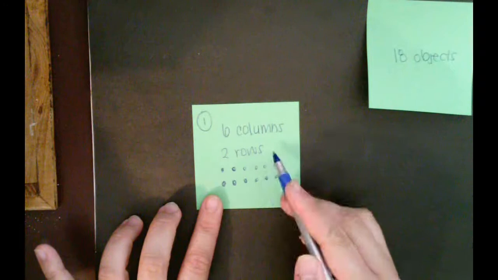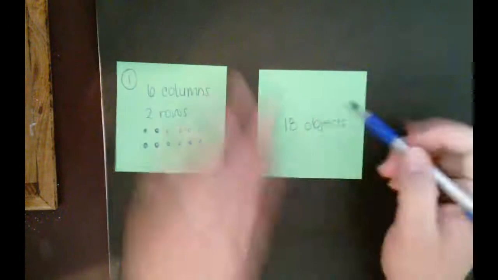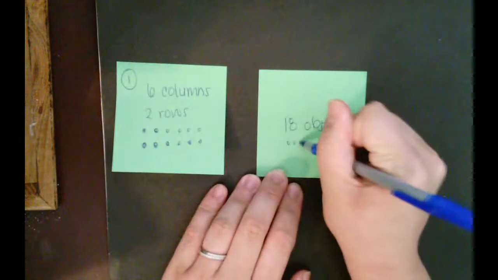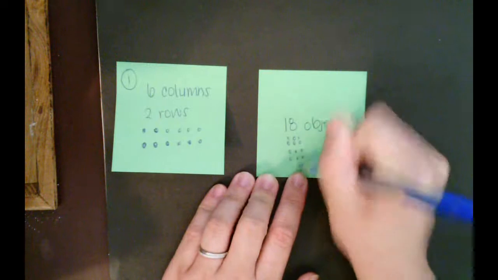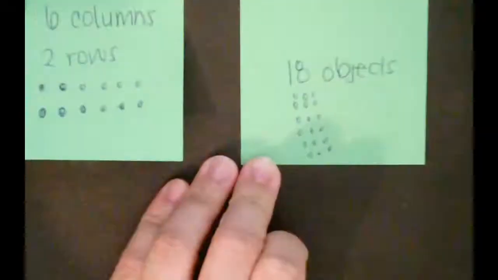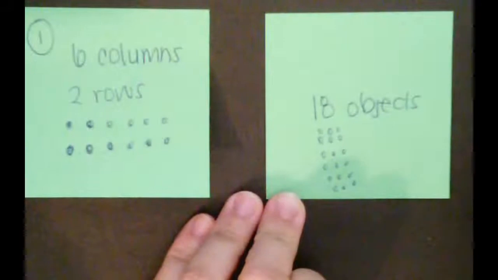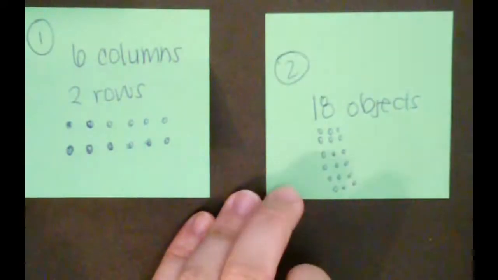Okay, 6 columns, 2 rows. Take a picture of it and submit it. 18 objects. 1, 2, 3, 4, 5, 6, 7, 8, 9, 10, 11, 12, 13, 14, 15, 16, 17, 18. Take a picture and submit it. Easy peasy. Alright guys, get going.